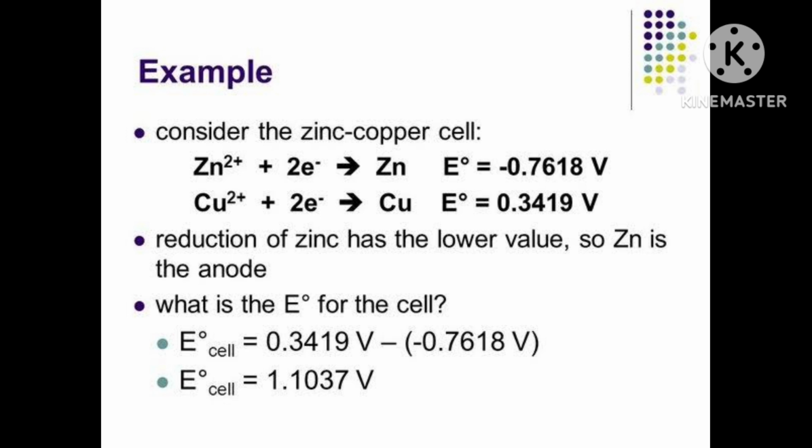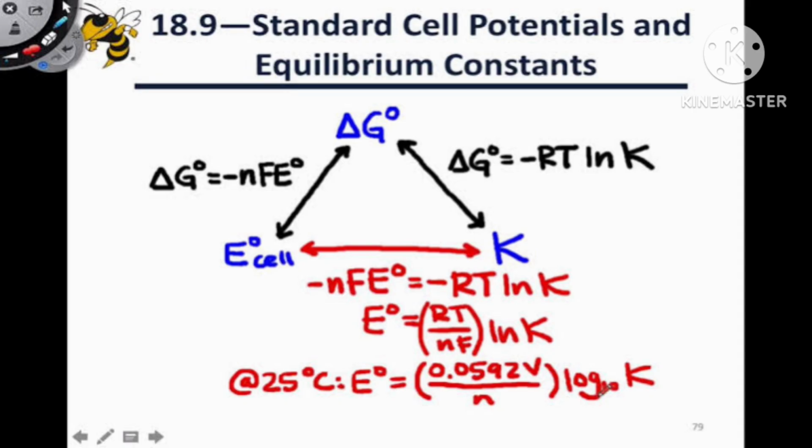Reversible work done by a galvanic cell is equal to the decrease in Gibbs free energy. Again, this is important. Reversible work done by a galvanic cell is equal to minus delta G, the decrease in Gibbs free energy.